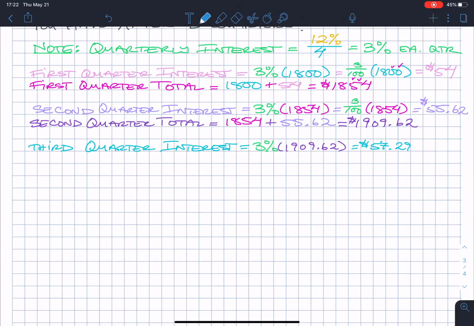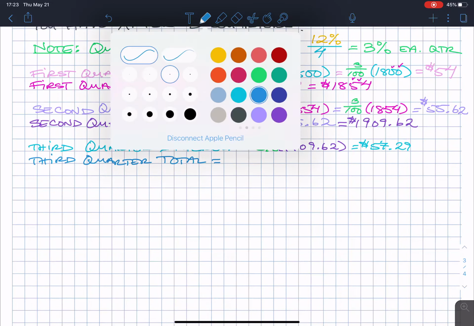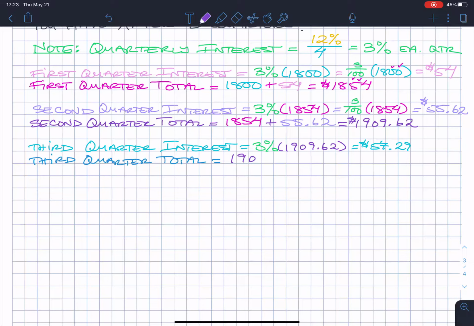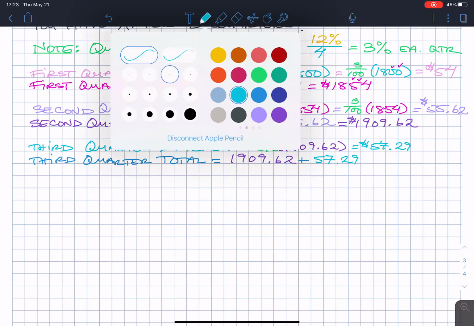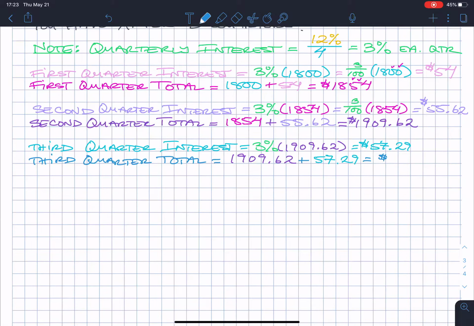So what that means is that the third quarter total, and what we're looking for, is going to be $1,909.62, to which I'm adding the interest, $57.29. So what do I get? When all is said and done, we get $1,966.91. Okay, that was a lot.